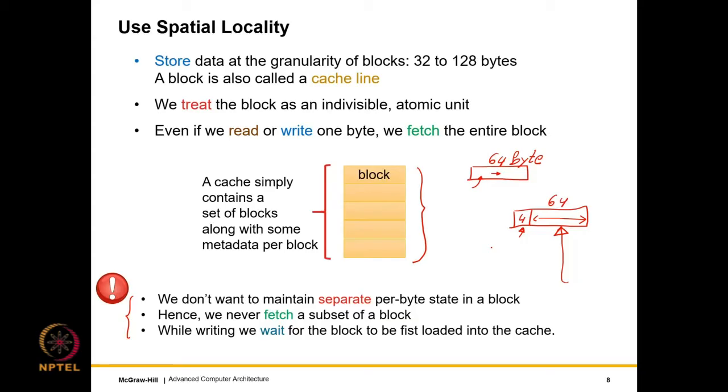Remembering this requires computational effort and storage space, so this is non-trivial. It also breaks our simple abstraction that a block is a single atomic unit. Hence, we never operate on subsets of it. While reading, it is easy because the entire block will be there. If we want to read the 10th byte, we go ahead and read it. But while writing, we first ensure that the entire block is there in the cache and only then we write.